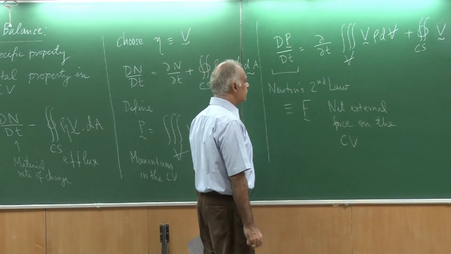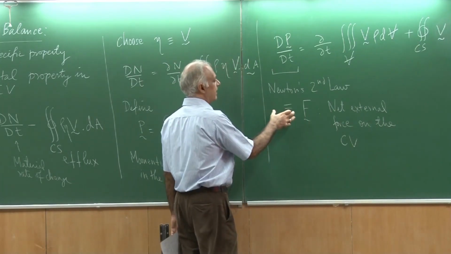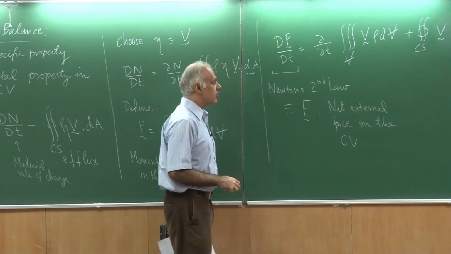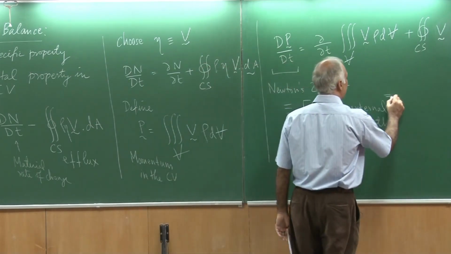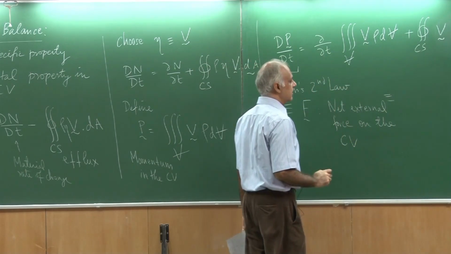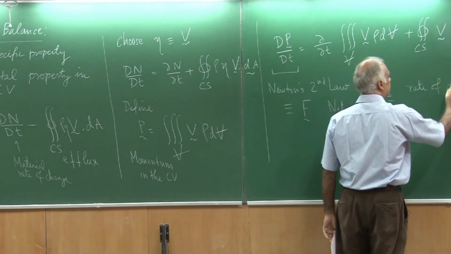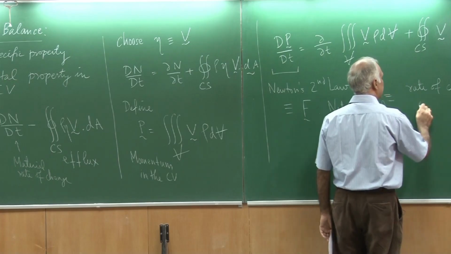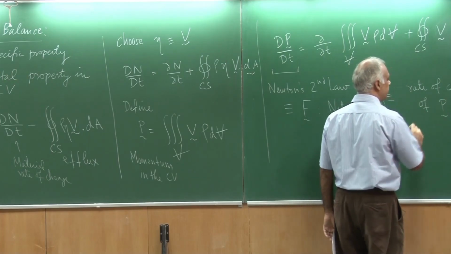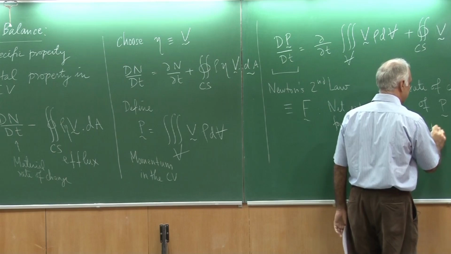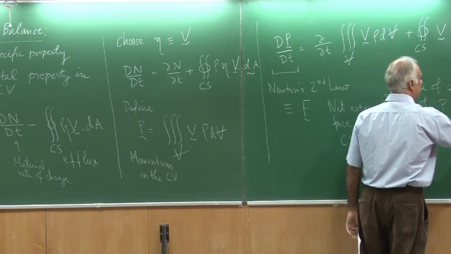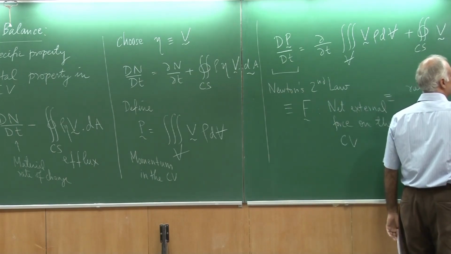So what we have been able to show is that the force that acts on a control volume actually corresponds to two terms. One is the rate of change of the momentum P of the CV plus efflux.